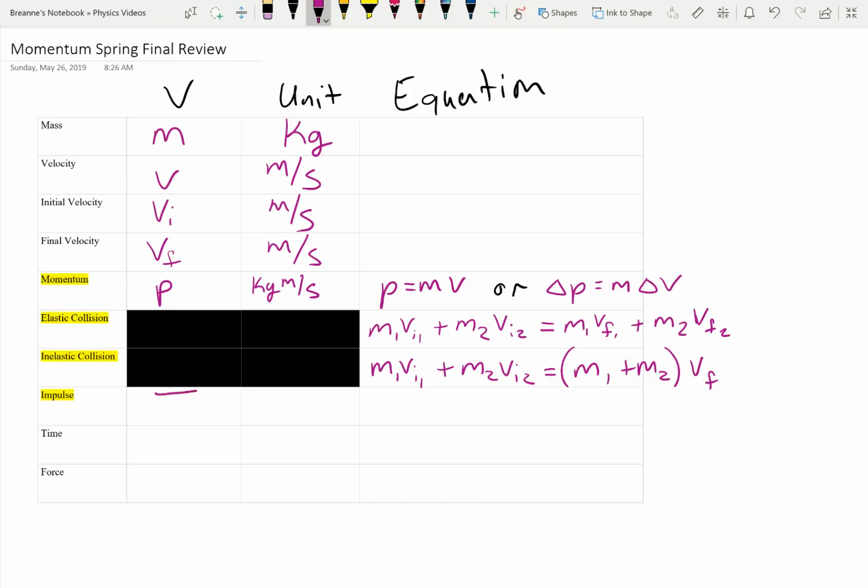Impulse is represented with a J, and that is measured in Newton seconds. And your equation would be impulse equals force times time.